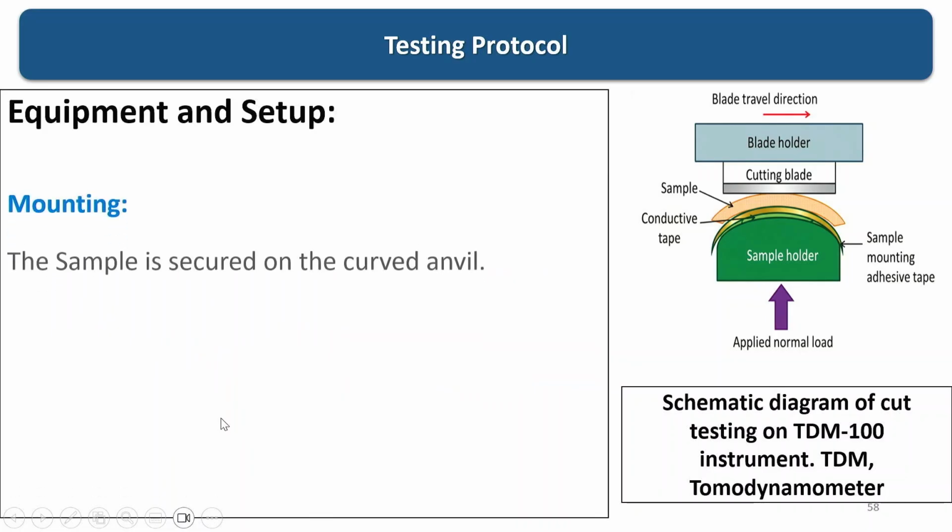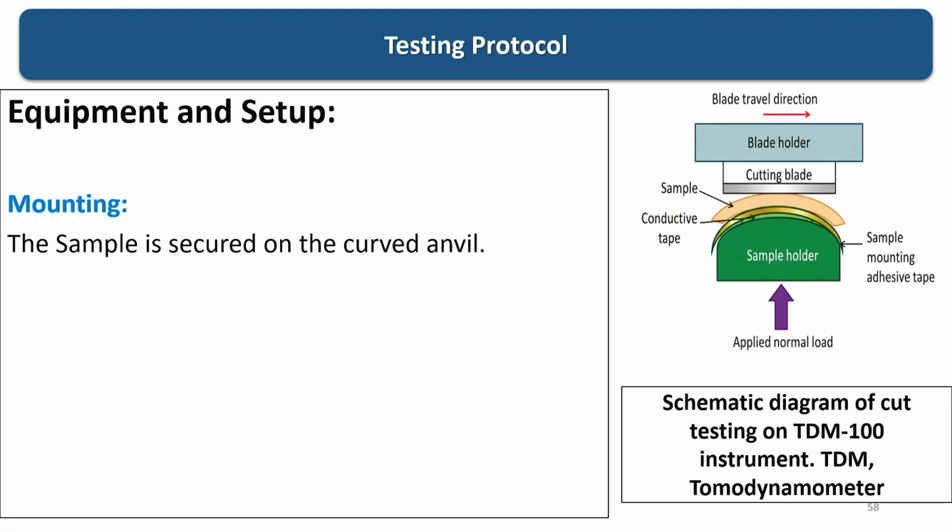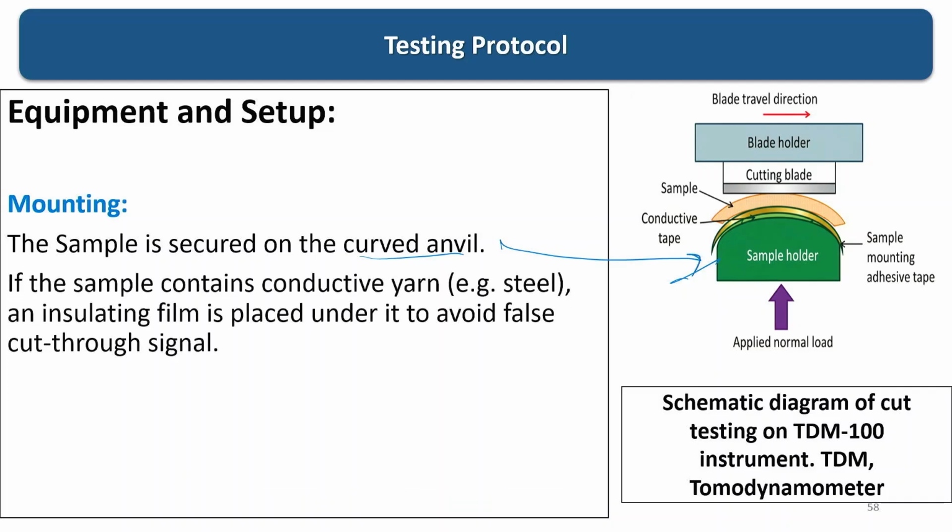Now, we have to mount the material. The sample is secured on the curved anvil. This is the anvil. We have to know whether the sample contains conductive yarn like stainless steel or not.